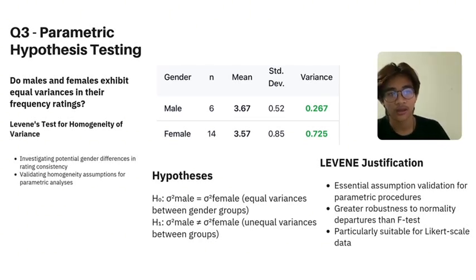We got 0.725 variance. For the Levene justification, essential assumption validation for parametric procedures and greater robustness to normality departure than the F test, particularly suitable for Likert scale data. Okay, that's for question 3.